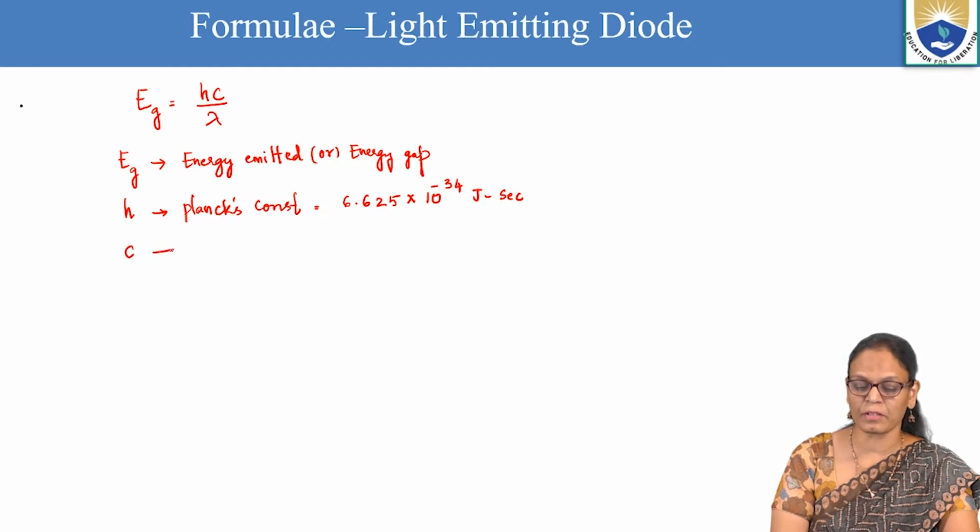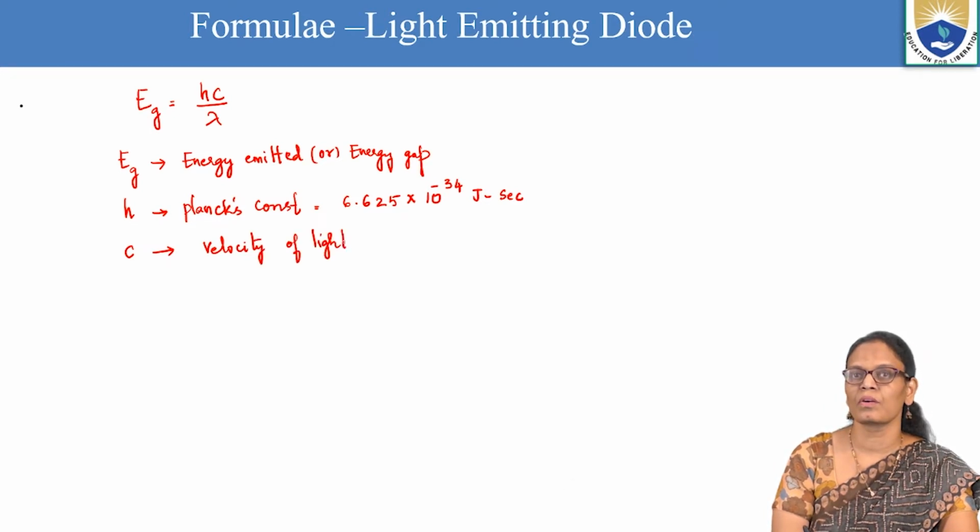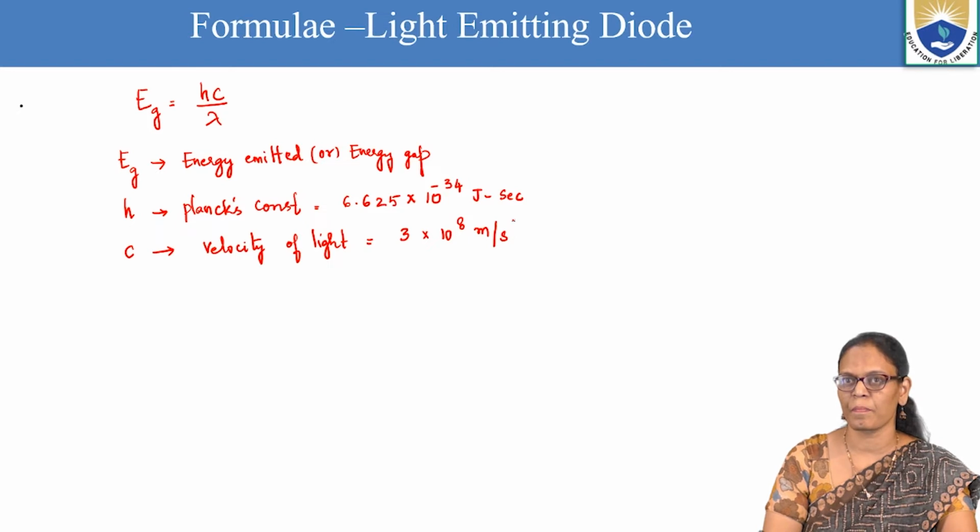And c here represents the velocity of light, whose value we all know, 3 into 10 power 8 meters per second.